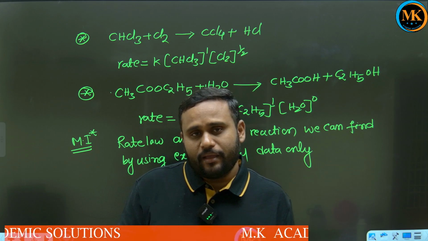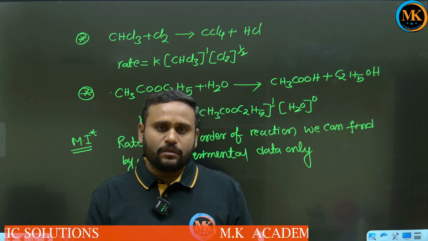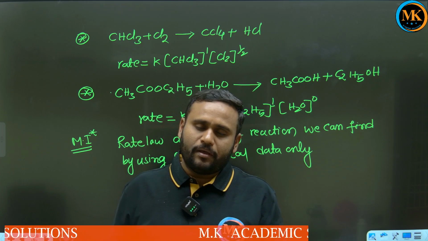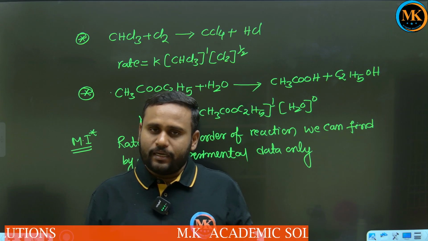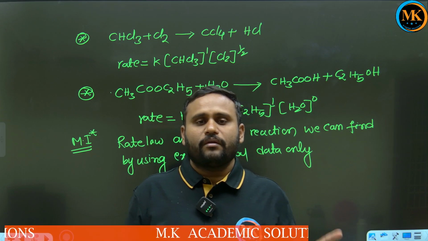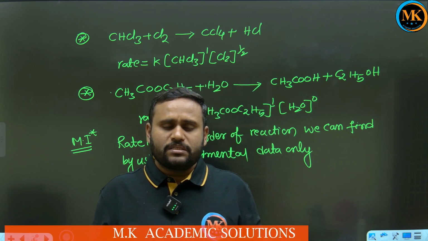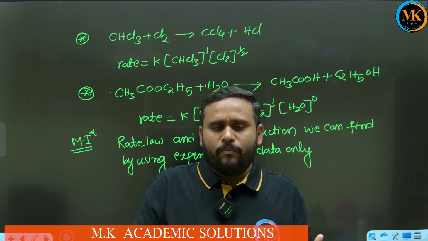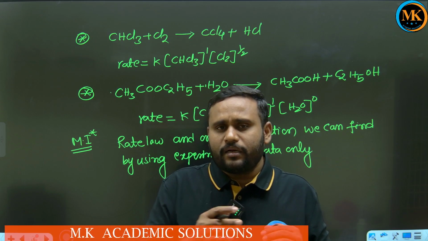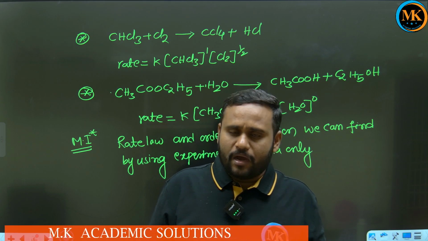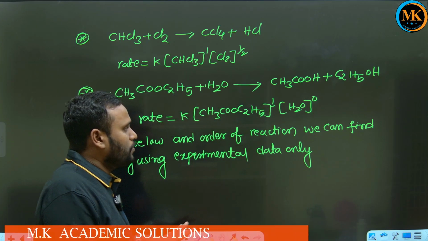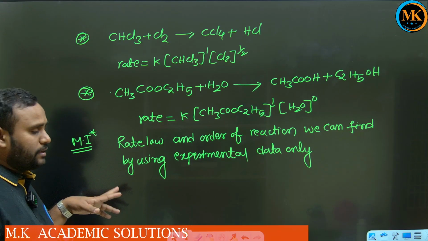By doing experiments only. So directly or indirectly, the rate law and order of reaction we can find by using what, children? Experimental data only. But by seeing simply a balanced chemical reaction, we cannot write the rate law and order of reaction. That is about the order of reaction and rate law.